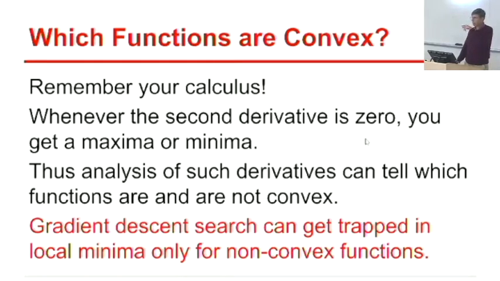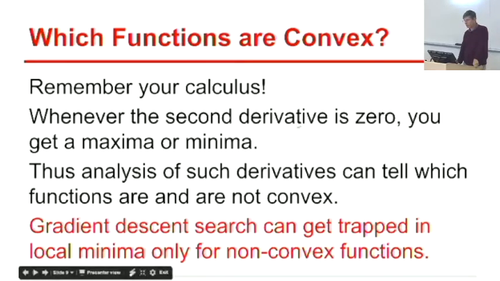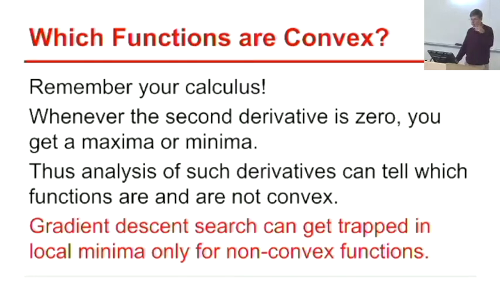Remember this? So in some sense, this should be enough to convince you that the analysis of derivatives is the way that you can tell whether or not your function is convex. And in general, the people who invent the machine learning algorithms have analyzed the function to decide whether that is a convex space, and if so, you can use it with confidence that you will get to the solution. Any questions?